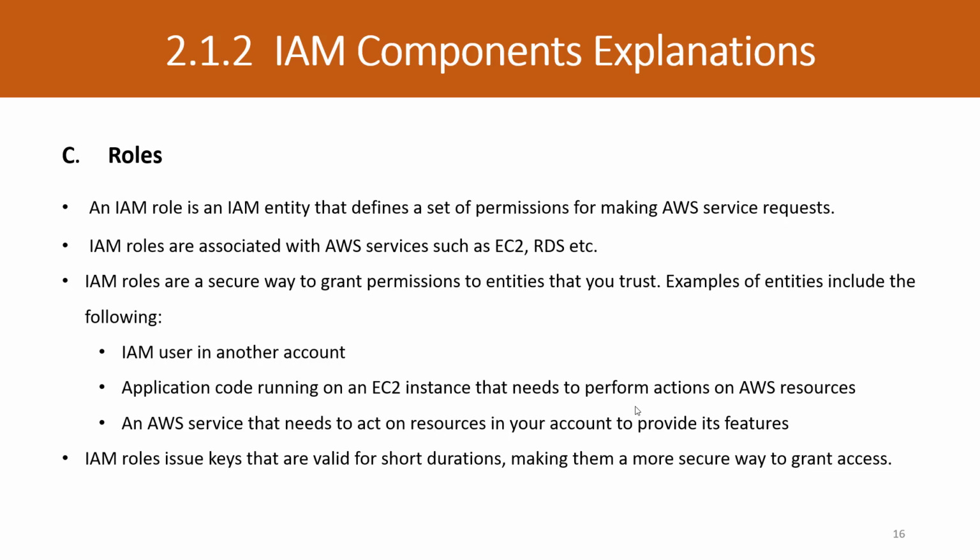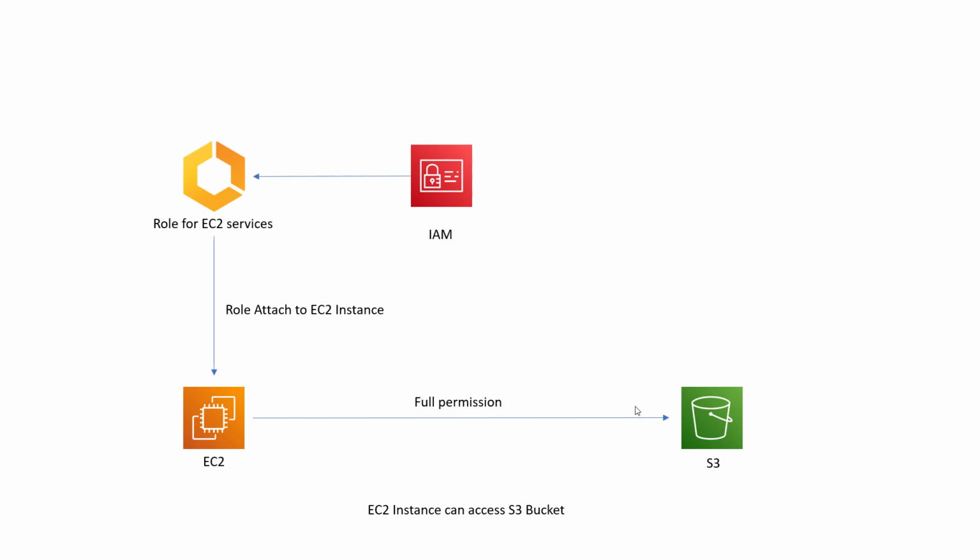In this role, we define that this role can have full permission on this S3 or all the S3 buckets. So when you attach this role to a specific EC2, this EC2 can access S3, and this is done by the role only.